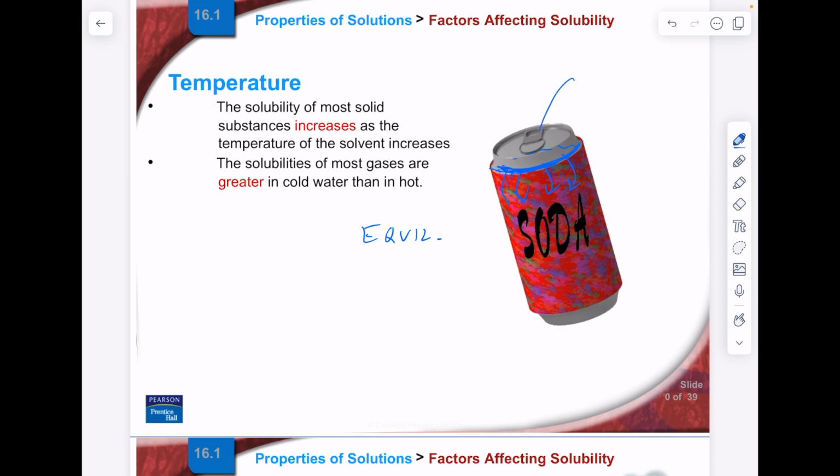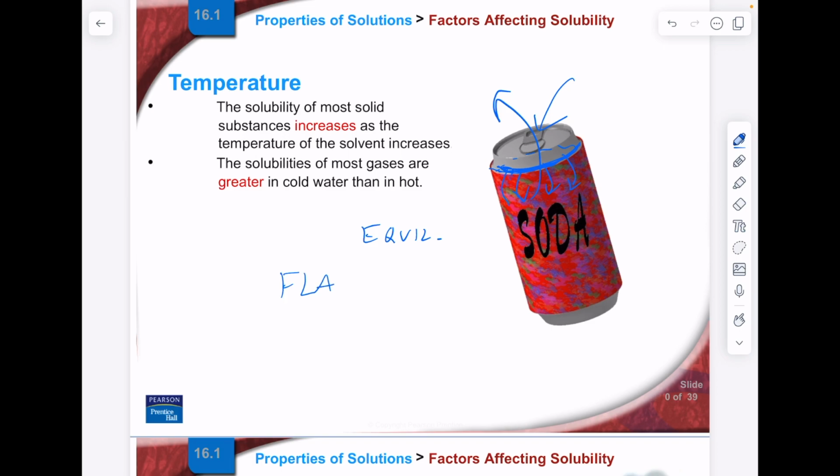But when you pop that lid and open it up to the atmosphere, all of a sudden a lot of that gas is going to escape. As the gas escapes, you're going to reach a new equilibrium, which has very, very little gas dissolved in the soda.